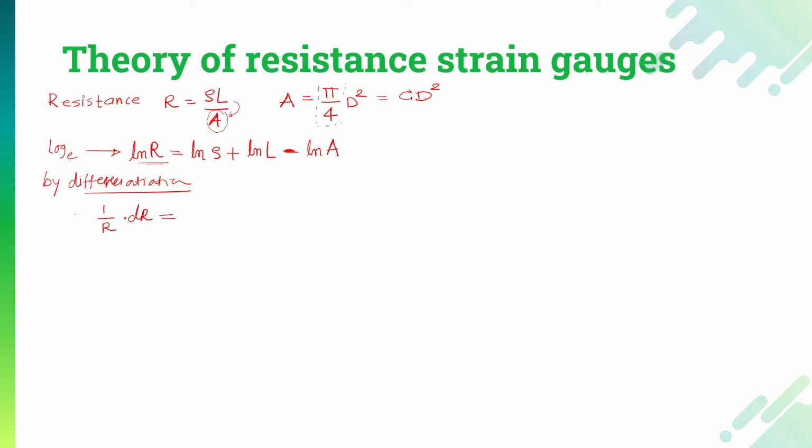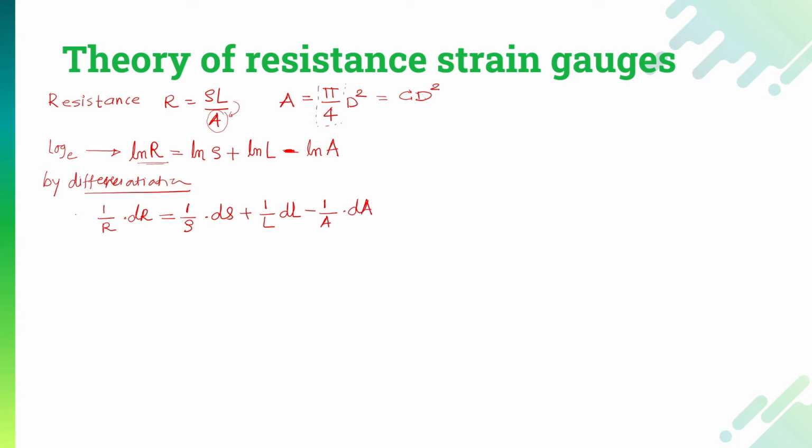That is equal to, for all three, the same thing: 1 upon rho into d rho plus 1 upon L into dL minus 1 upon A into dA.